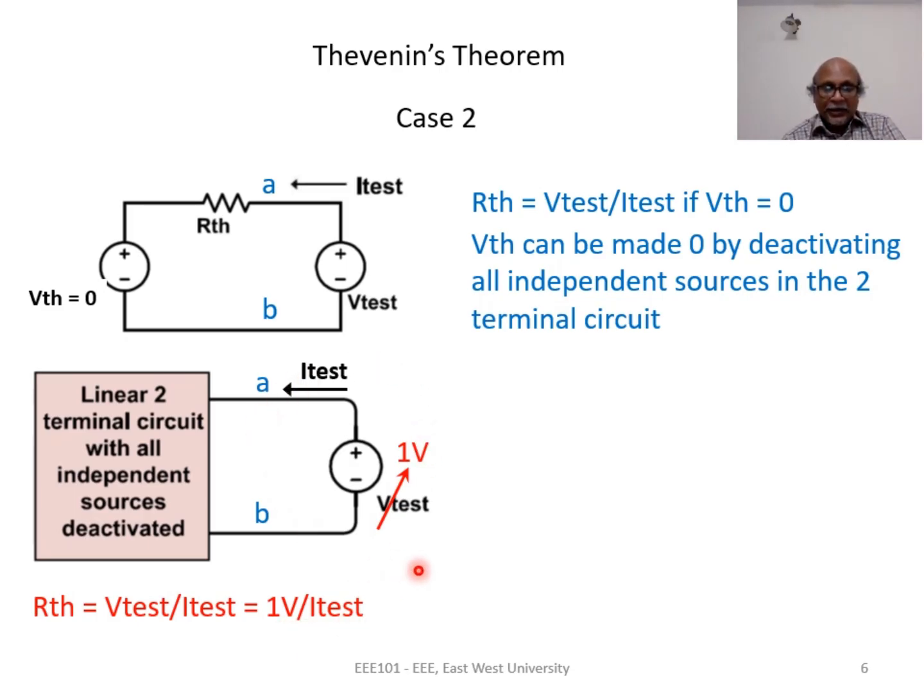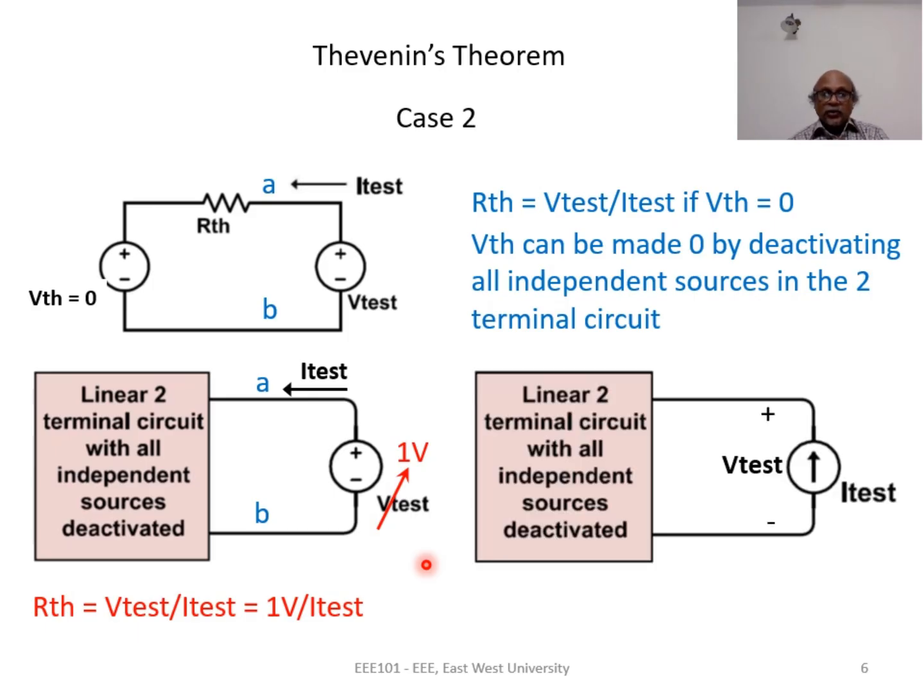Instead of applying a test voltage source, we can do the same procedure by using a test current source. So let's look at this circuit. Between node A and B, instead of a test voltage source, we have applied a test current source whose value Itest is known. Again, Itest can have any value. The result does not depend on the value of Itest.